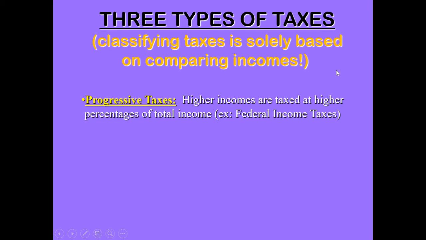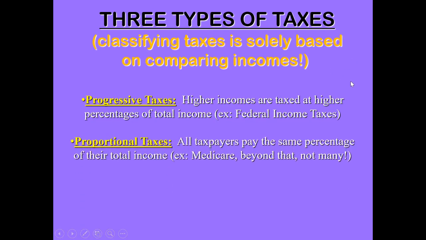A progressive tax is the more you make, the more you pay. And the example that I have here for you is the federal income tax. Proportional taxes, otherwise known as flat taxes, charge the same percentage on all kinds of income. There are very few to point to. Medicare may be one example, but beyond that, there just aren't that many that we can use as an example here.